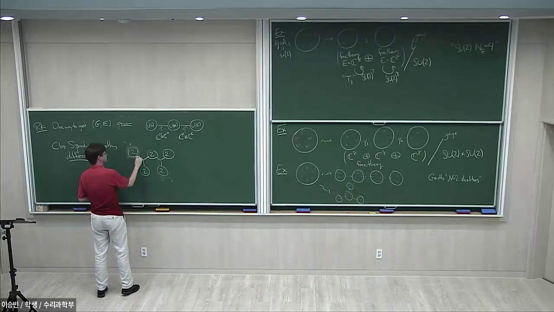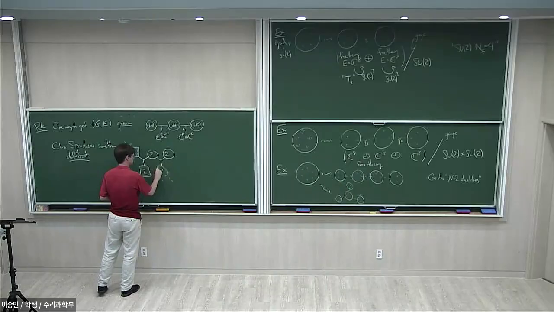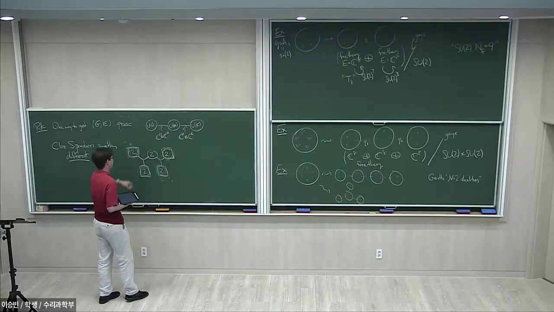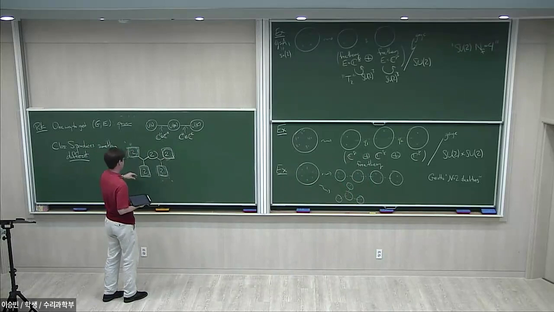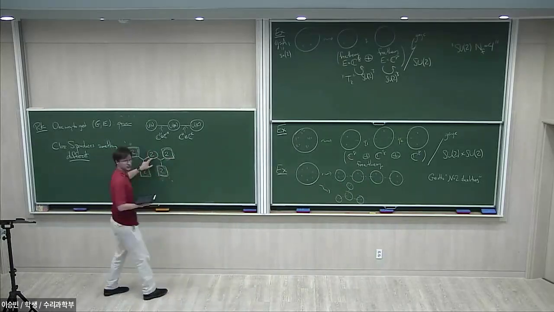So the ones that you don't gauge, you draw a box. So maybe we would draw it like this. Here I have two trifundamentals and, right, just one gauge symmetry. In fact, this is the picture of that one in this generalized quiver notation.